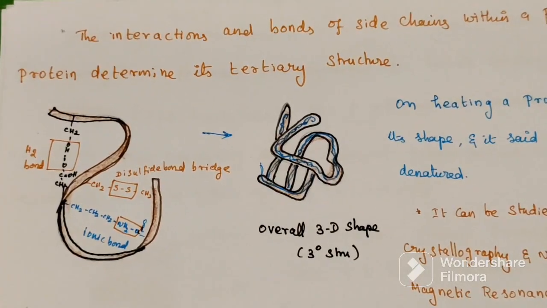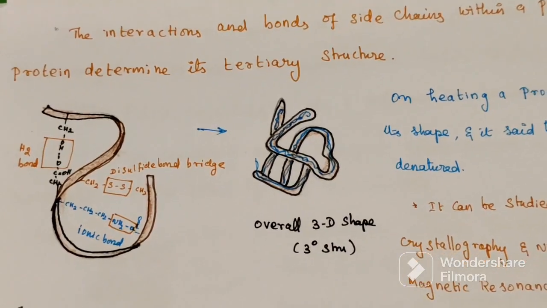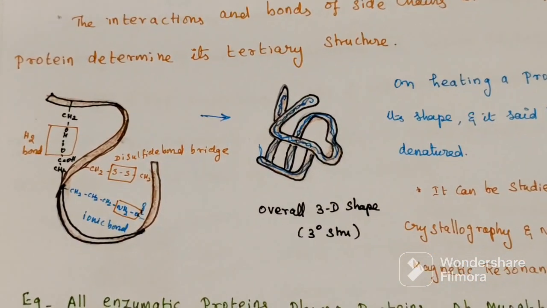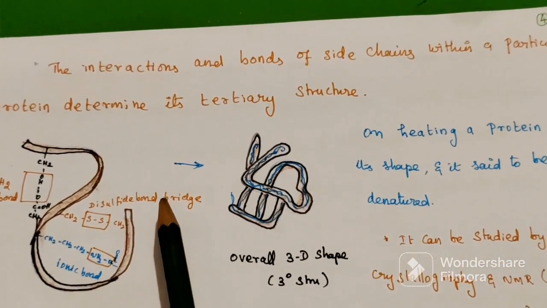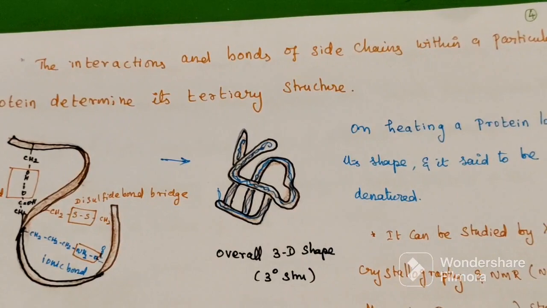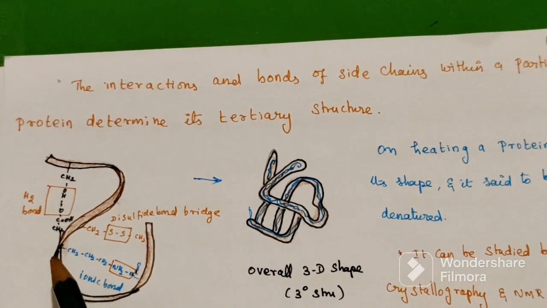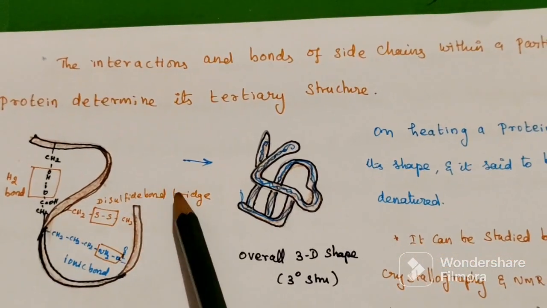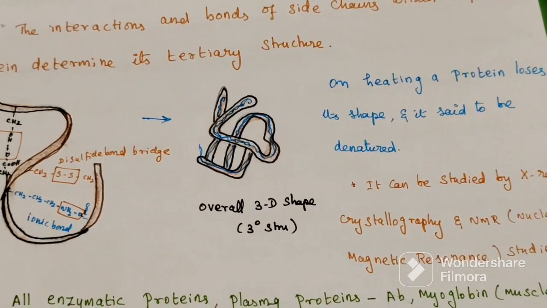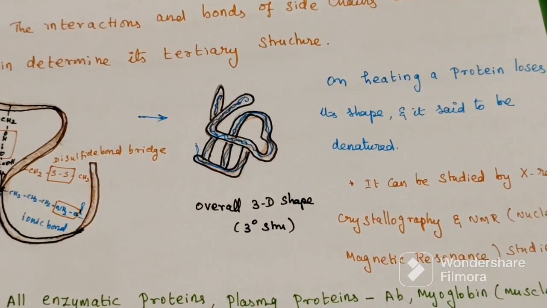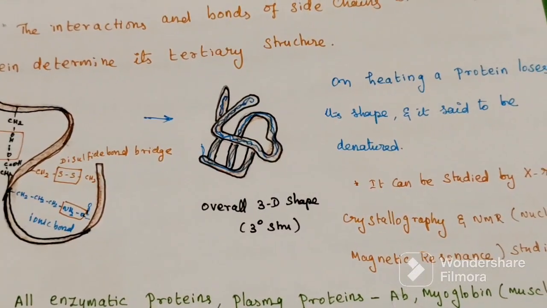The OH group interacts with the O group to form a hydrogen bond. Disulfide linkage is found between cysteine residues. These are the ionic bonds. These are the three different types of bonding present in tertiary structure.